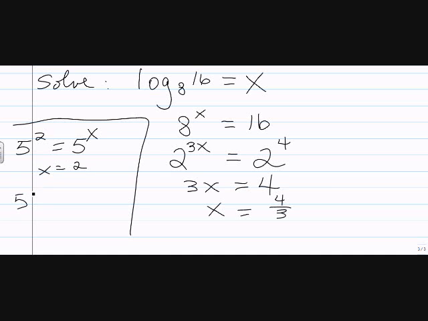If I have 5 to the 4th equals 5 to the 2x, what's that x got to be? That 2x has got to give me a 4, right? So that means 4 has to be equal to 2x, giving me an x of 2. Same thing. Yes, as long as the bases are equal, you can get rid of them and just set the exponents equal to each other.